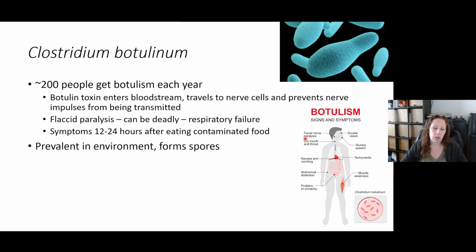Clostridium botulinum is also prevalent in the environment and also forms spores. But unlike the Clostridium perfringens, these are obligate anaerobes, which means they can only survive in an oxygen-free environment. They do need a pH that is higher than 4.6.